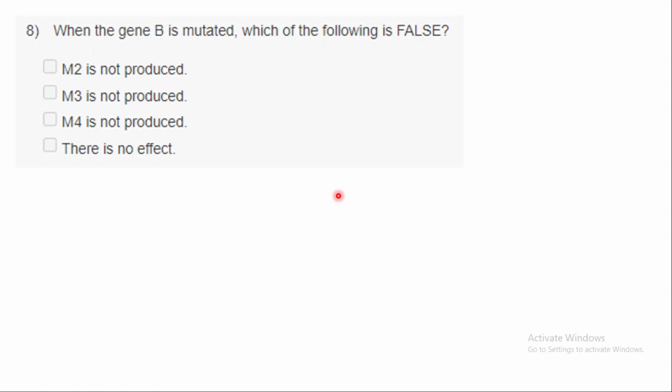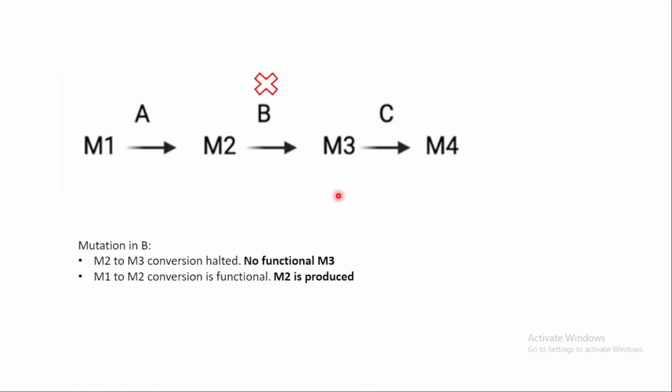Pushpanja is answering B, M3 is not produced. So you have to read the question: which one of the following is false? The correct answer is M2 is not produced. I think Ajay has answered it correctly. This statement is false. And why so? If you follow my representation here, we have a mutation in enzyme B. When it is mutated, the M2 to M3 conversion is halted.